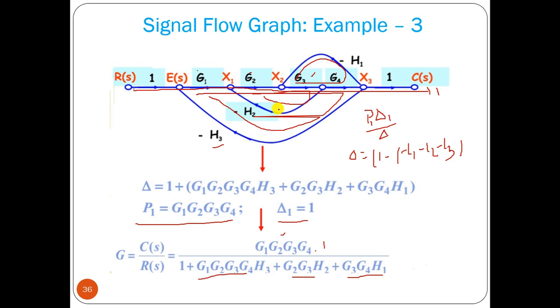And here we don't have any two non-touching loops, because this node is common for these two loops, and this node is common for these two loops. So we have no non-touching loop, so that part is not there. So this is the transfer function.